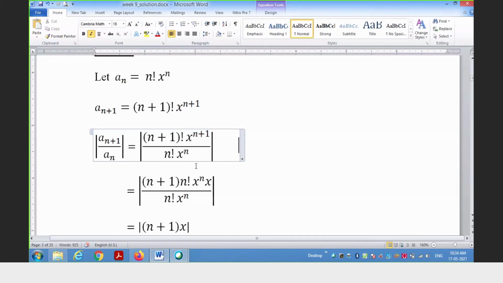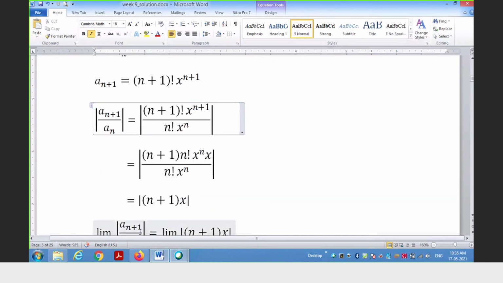And then x to the power of n+1, you can rewrite as x to the power of n times x. Why do we do this? Because we want to simplify. Now n factorial and n factorial cancel, and x to the power of n cancels.